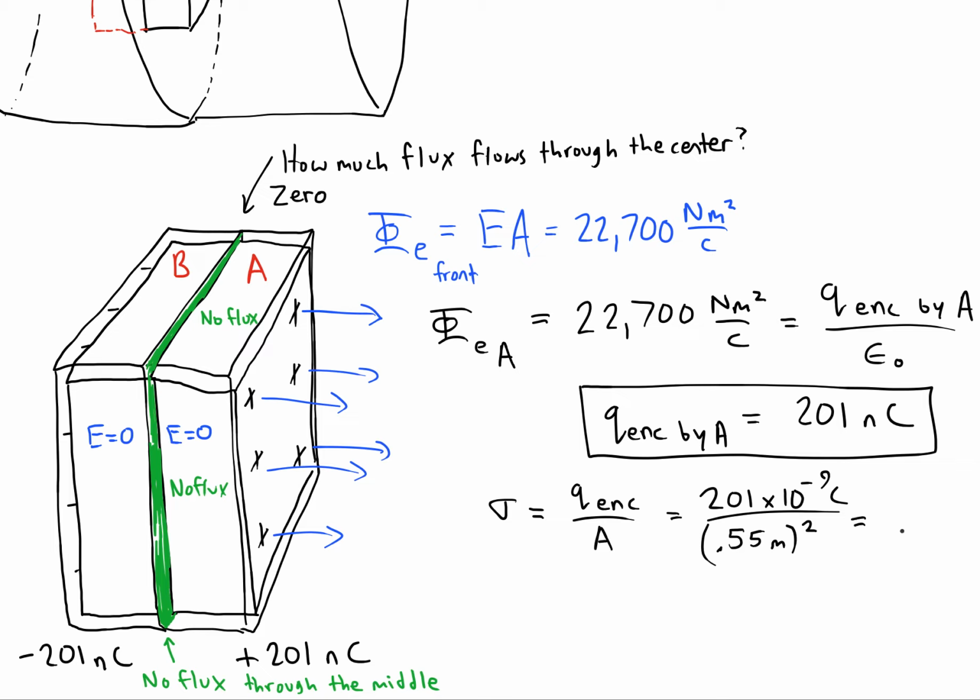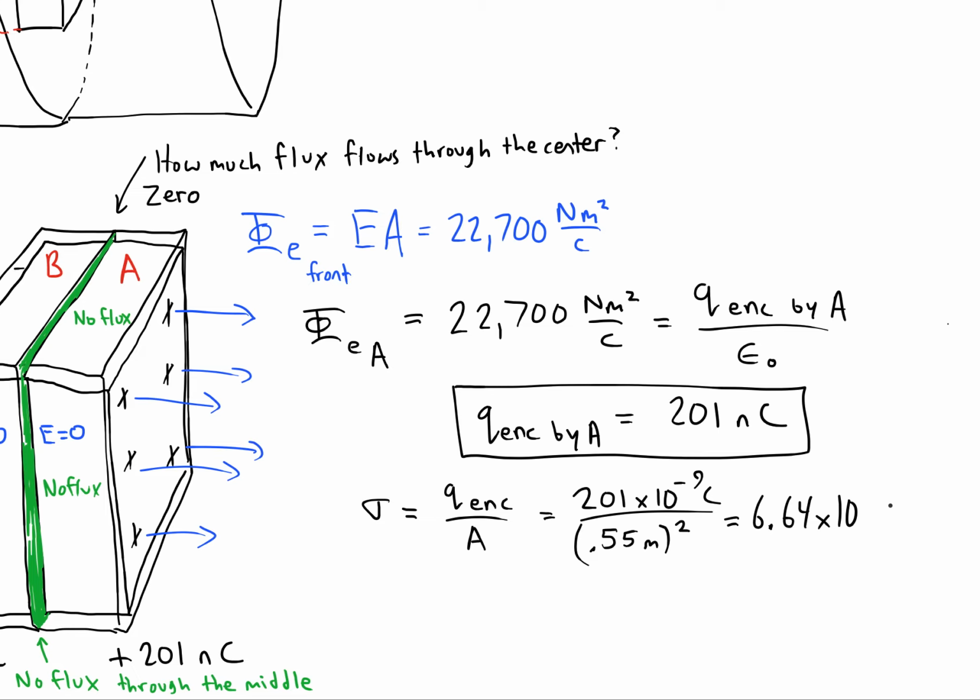The surface charge density on the positive plate is going to be 6.64 times 10 to the minus 7 coulombs per meter squared. And then the surface charge on the negative plate will be the opposite.